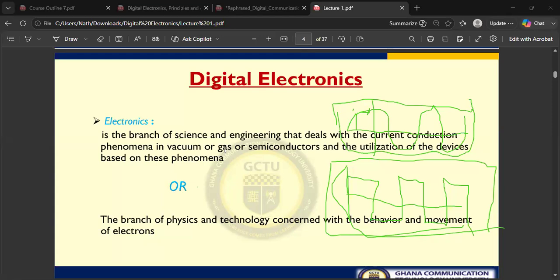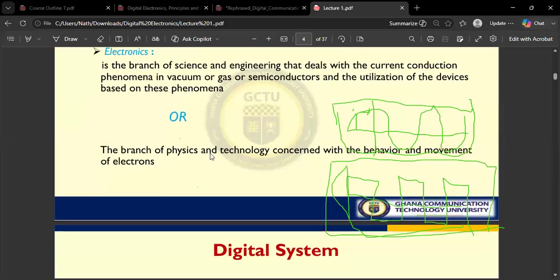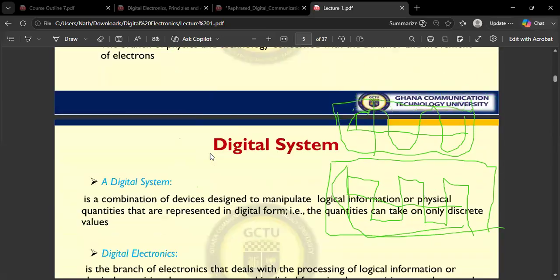Movement of charges gives a current, and the charge is more of an electron, right? So current conduction phenomenon in the vacuum or a gas, right? These are all definitions of electronics.